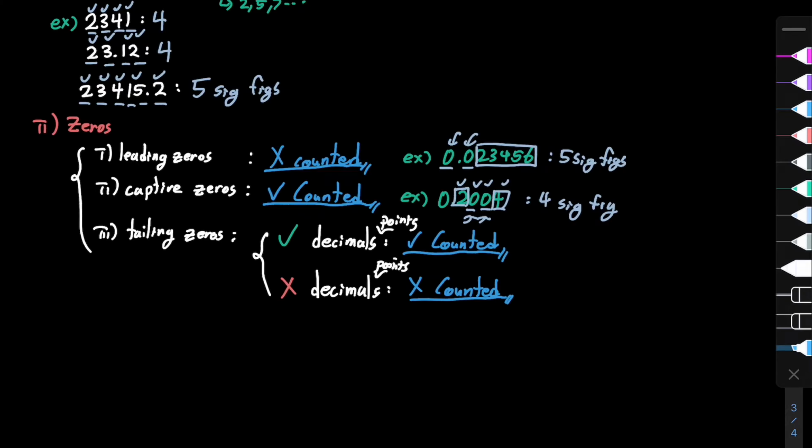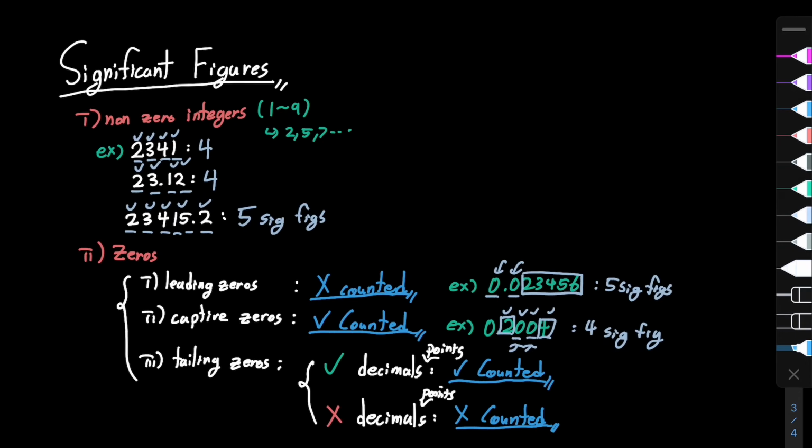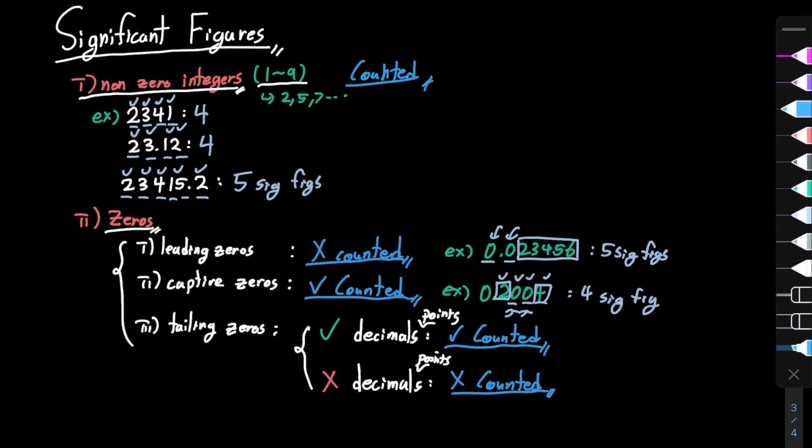Now, to cap it all off, there are two main types of digits in any given number: non-zero integers, such as 1 to 9, and zeros. If there are non-zero integers in any number, they are always counted as significant figures. And for zeros, we can categorize them into three main categories: leading zeros, captive zeros, and trailing zeros.